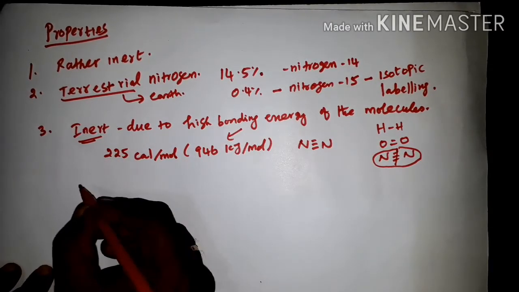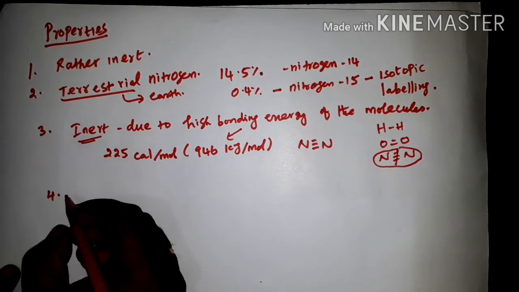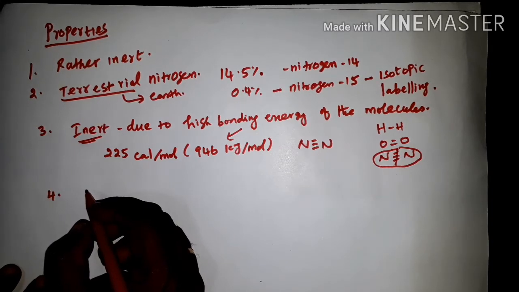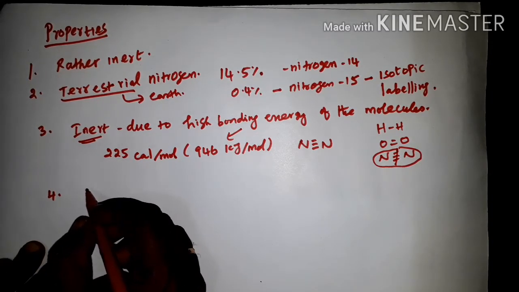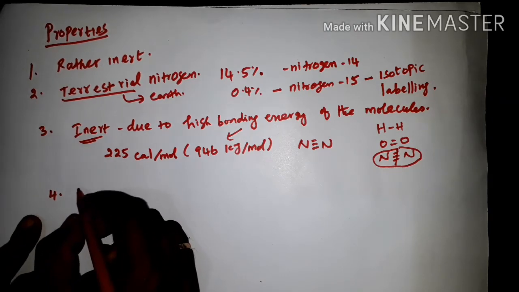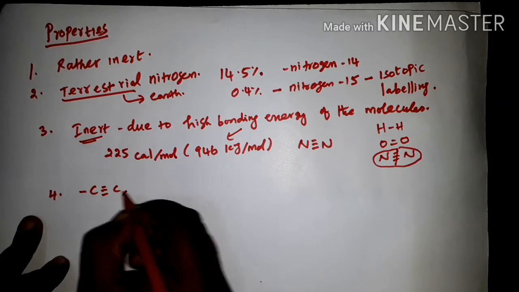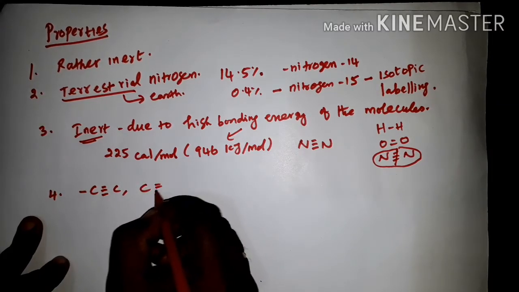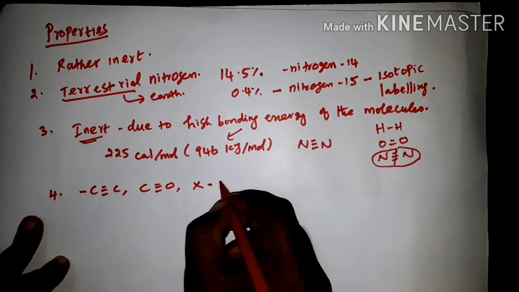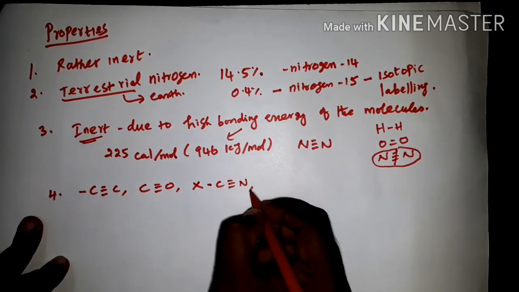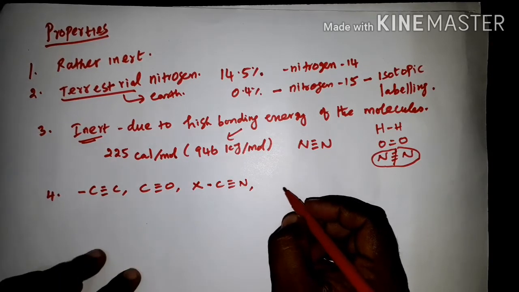Okay. Also another important character, the triple bonded species. There are many triple bonded species. Example, carbon triple bond carbon, or carbon triple bond oxygen, then X means halogen, X triple bond nitrogen. So these are the examples for triple bond species.